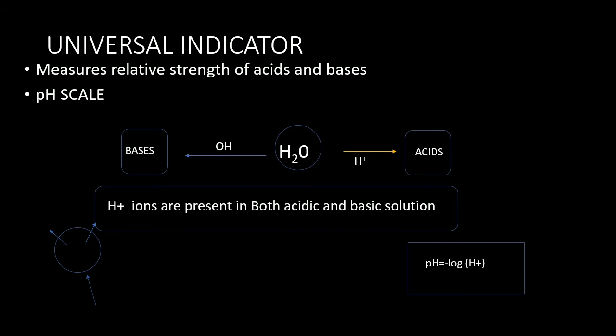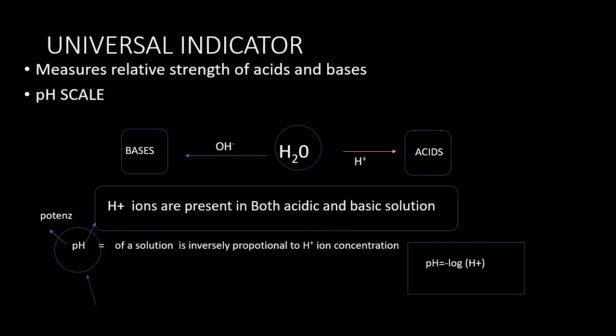Utilizing the H+ ion concentration, the scientist Peter Lawrence Sorensen invented the term pH. pH is a German term. P stands for potence, which means power, and H stands for H+ ions.